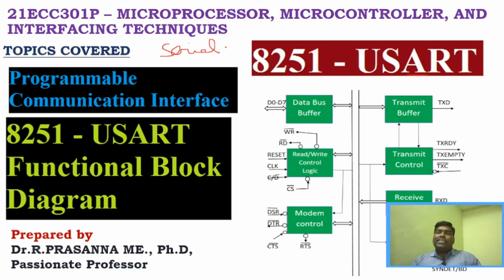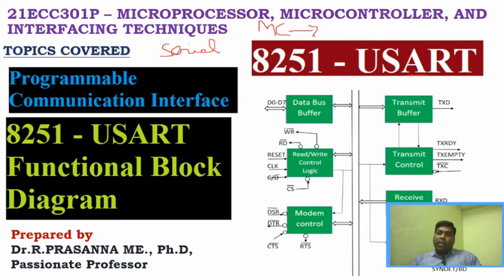That is, this 8251 is capable of converting a serial data into a parallel data, and it converts parallel data to serial data, and it helps in serial communication, which means this 8251 is interfaced with microprocessor, and we know that microprocessor is capable of handling parallel data. So whatever data that is received from microprocessor, it will be in parallel form.